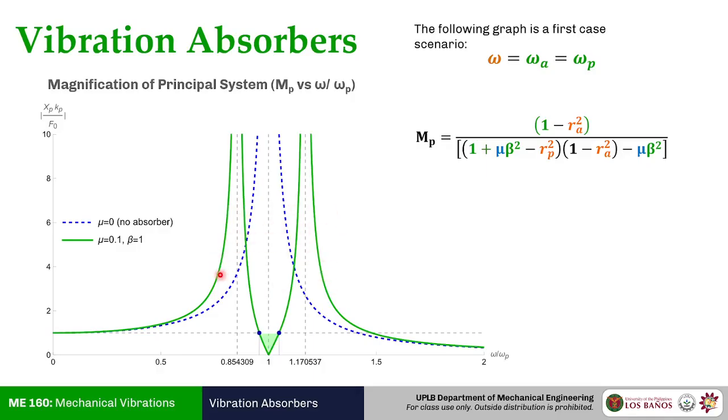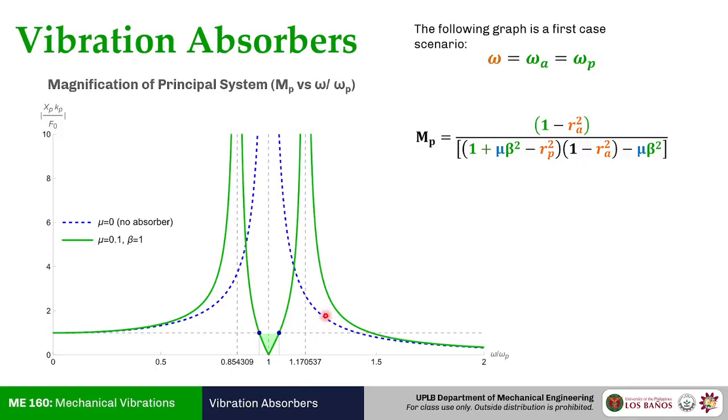Now this split causes two peaks, two infinite peaks, and those peaks happen at the values indicated below. So what are these values? Those values are the two DOF natural frequencies of your system. So these are the new dangerous frequencies that you want to avoid.